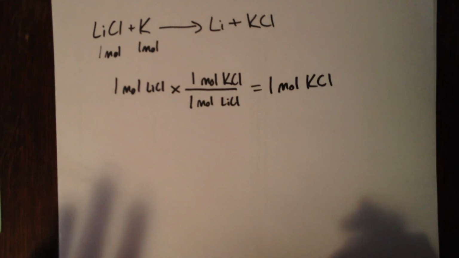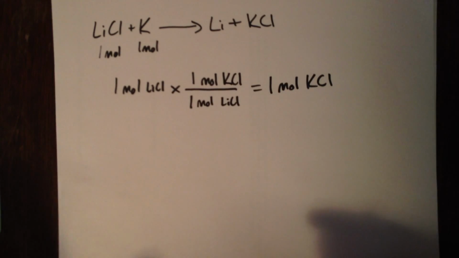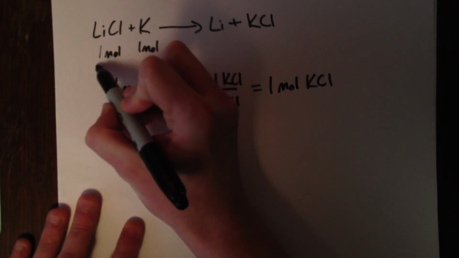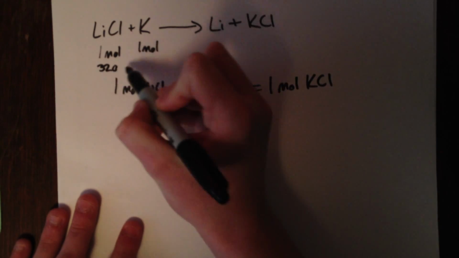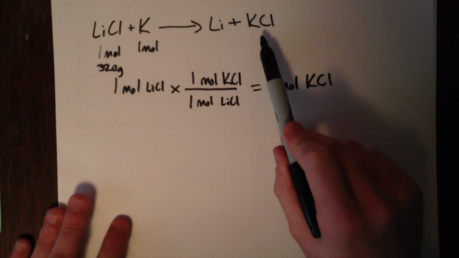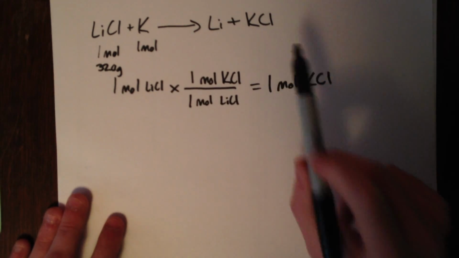For now, we are going to go to the grams part of it. So let's say up here we have 32 grams of lithium chloride, and we are still trying to find the potassium chloride.